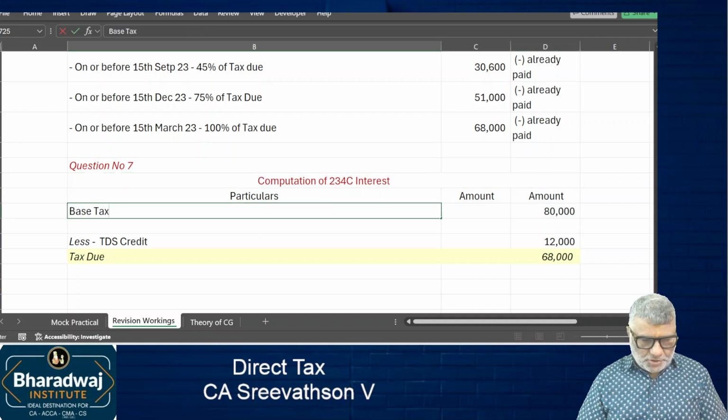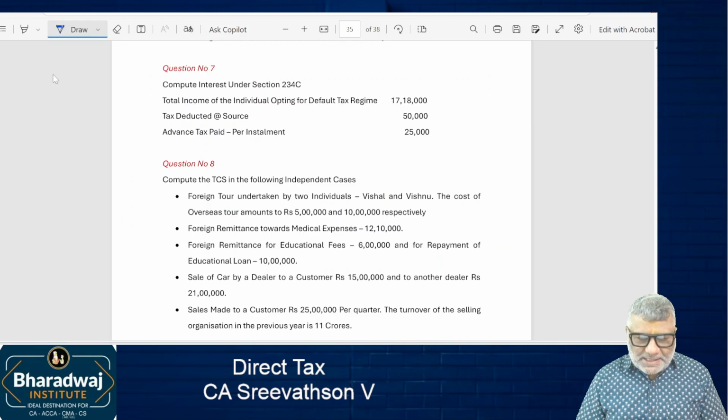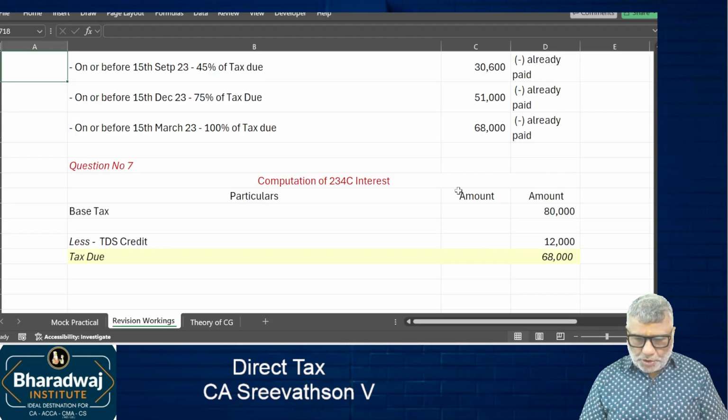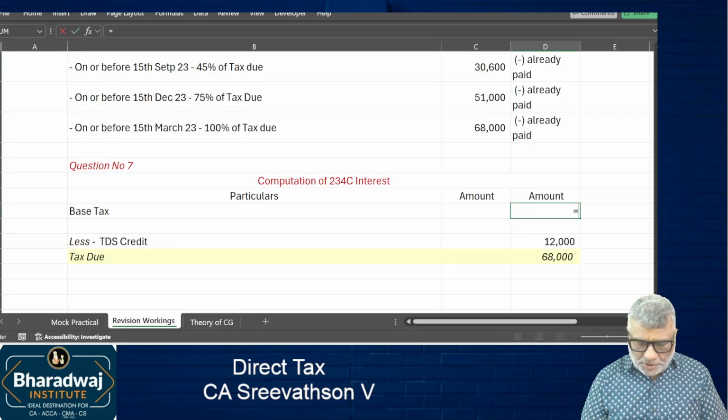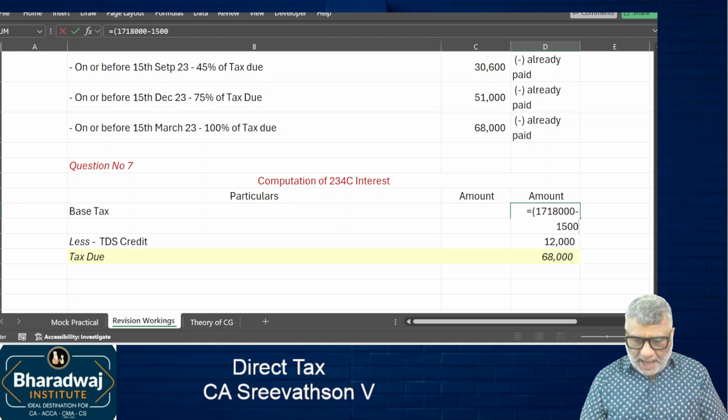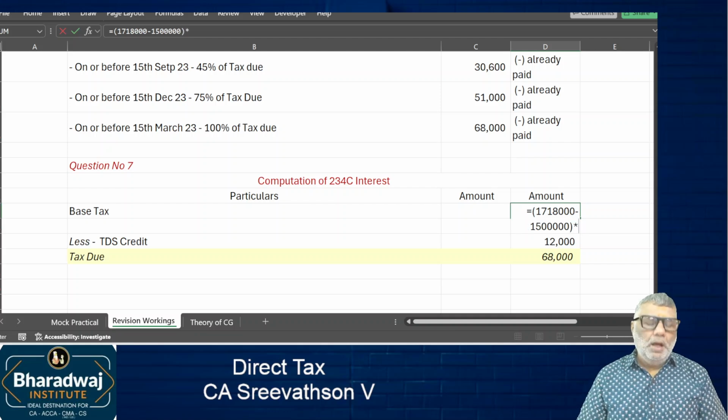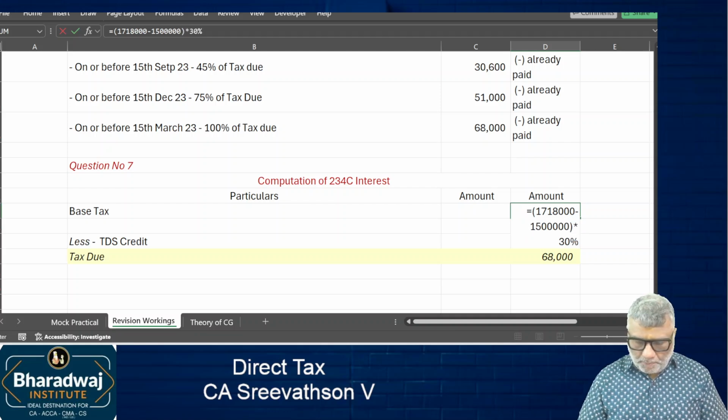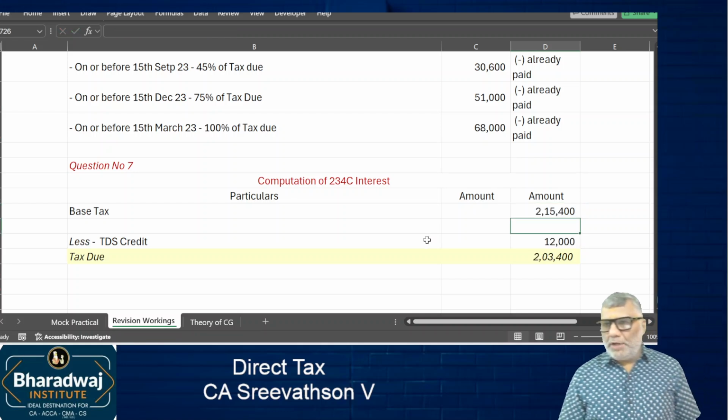Base tax: the income is 17,18,000. So 17,18,000 minus 15 lakhs, into 30%, plus 1,50,000. Am I clear?